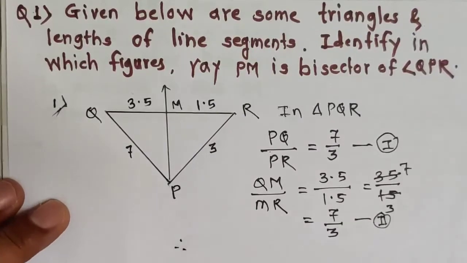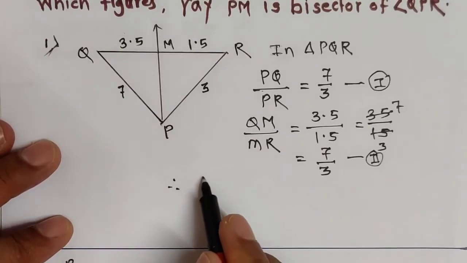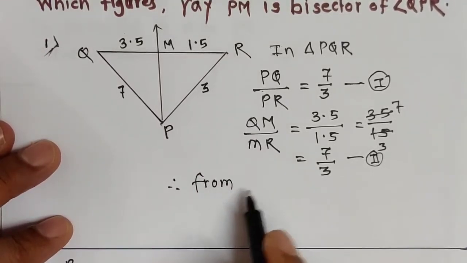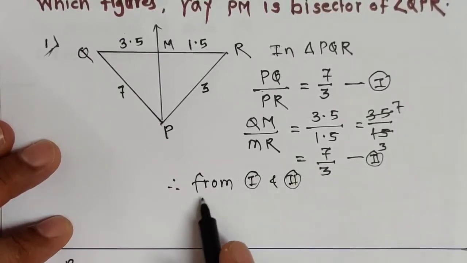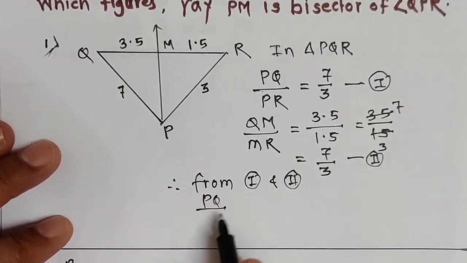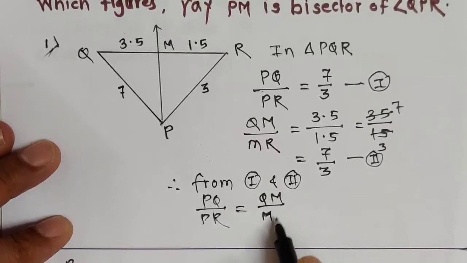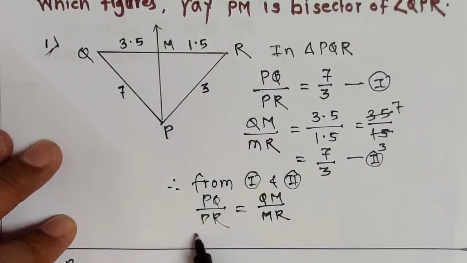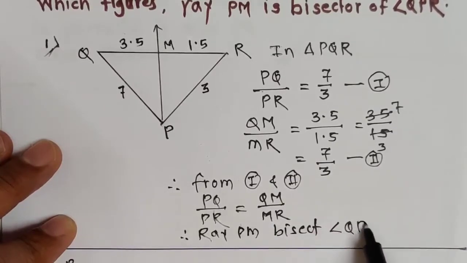Therefore, from 1 and 2, what we can write? From 1 and 2, this ratio PQ upon PR is equal to QM upon MR, and if these ratios are equal, therefore ray PM bisects angle QPR.